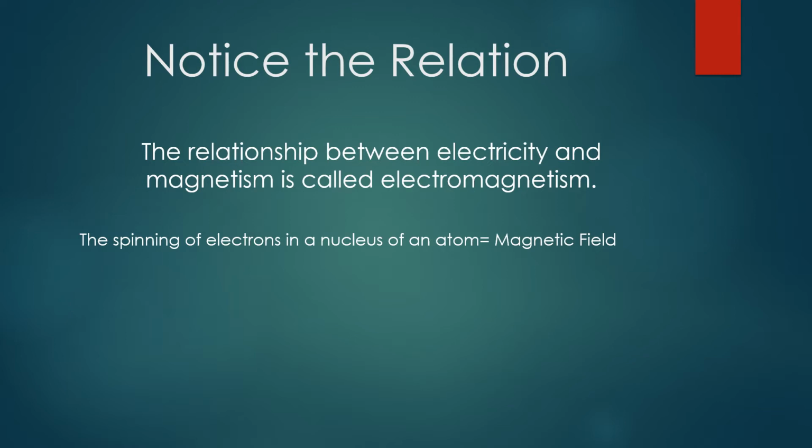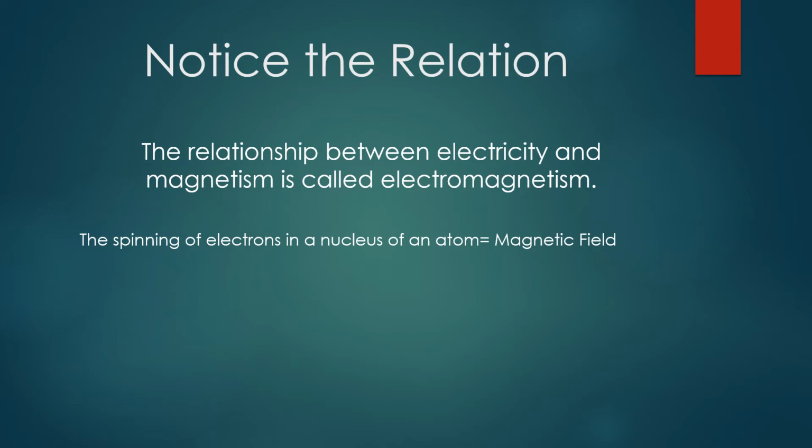Notice the relation. The relationship between electricity and magnetism is called electromagnetism. The spinning of electrons in a nucleus of an atom causes a magnetic field. This means if we have electrons spinning in a direction and we have an equal amount of electrons spinning in the opposite direction, whether it be clockwise or counterclockwise, that will equate to a zero magnetic field.